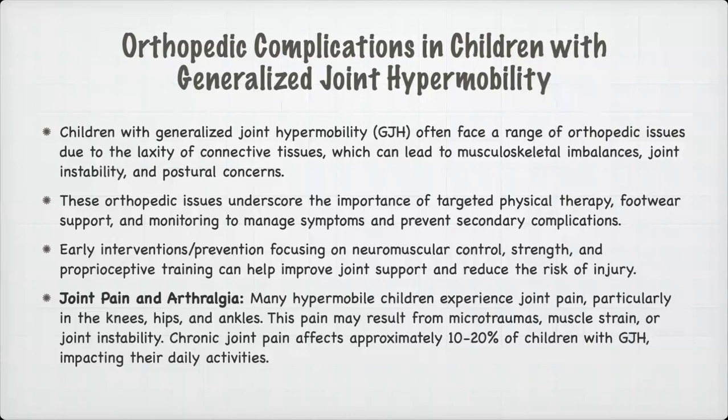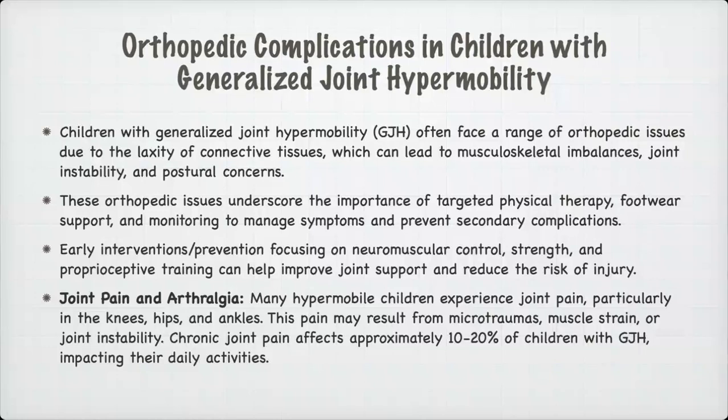Early intervention and prevention focusing on neuromuscular control, strength, and proprioceptive training can really help to improve joint support and reduce the risk of injury. But is it indicated? Is it necessary? If joint pain and arthralgia develop, it's important, obviously, to maintain a continuum of care.